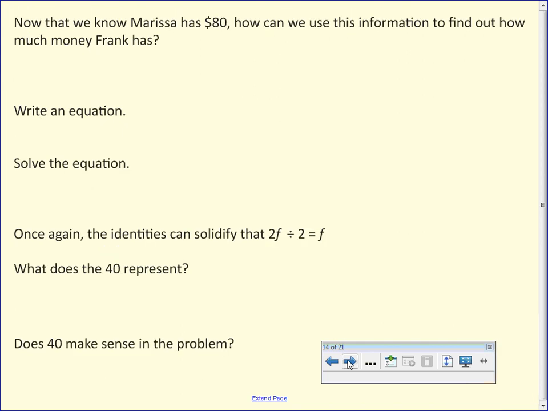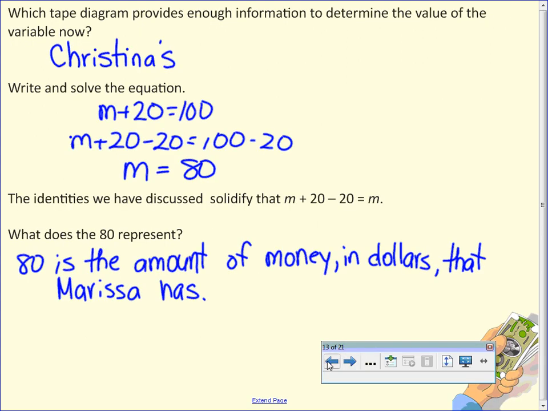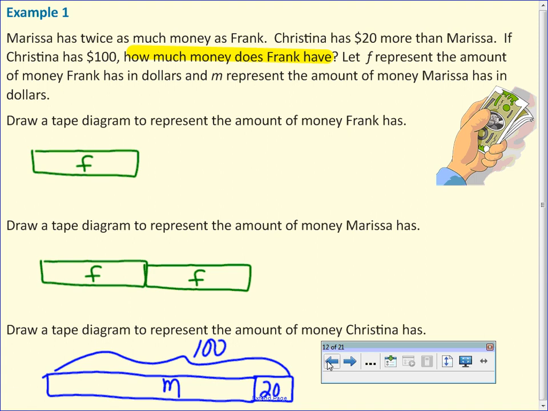Thank you, lovely. Now that we know Marissa has $80, how can we use this information to find out how much money Frank has? What are we going to do? We know that M equals 80. What did we know about this M?